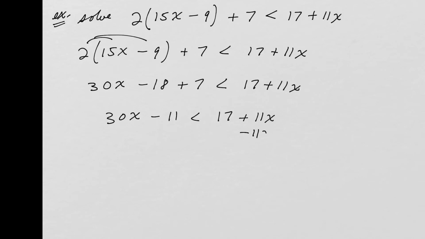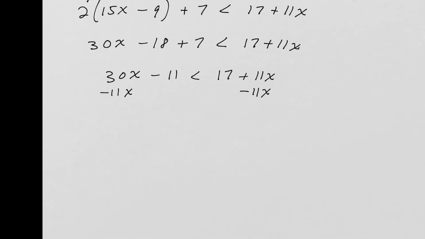I'll subtract 11x, so that's going to be 19x. And I'm going to get rid of the 11, so I'll add 11 to both sides. So 19x is less than, what's that, 28?